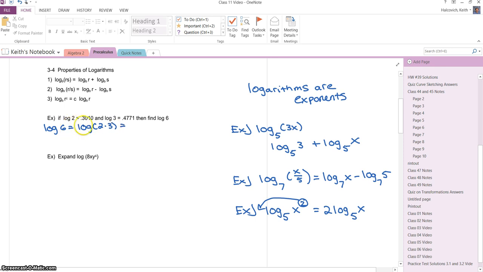And I know when I multiply, I can expand it to addition. So it would be log 2 plus log 3. Log 2 is 0.3010, and log 3 is 0.4771. When you add them together, you get 0.7781, and that would be log 6.